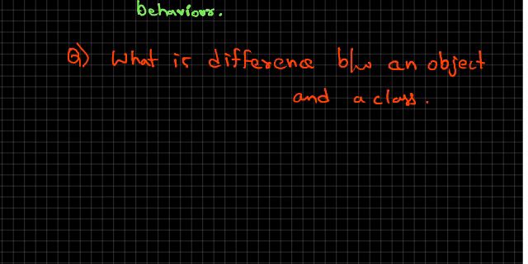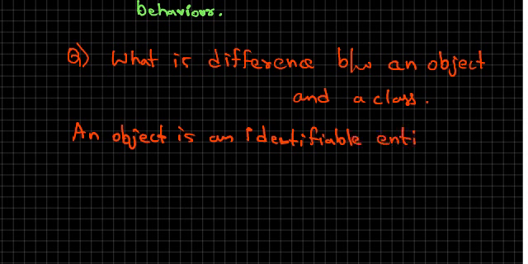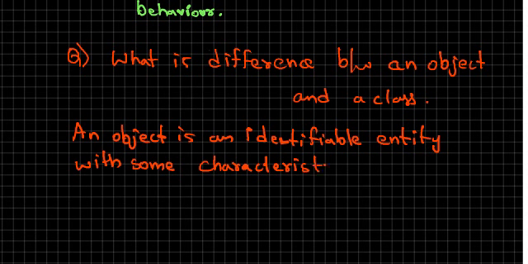An object is an identifiable entity with some characteristics and behavior.